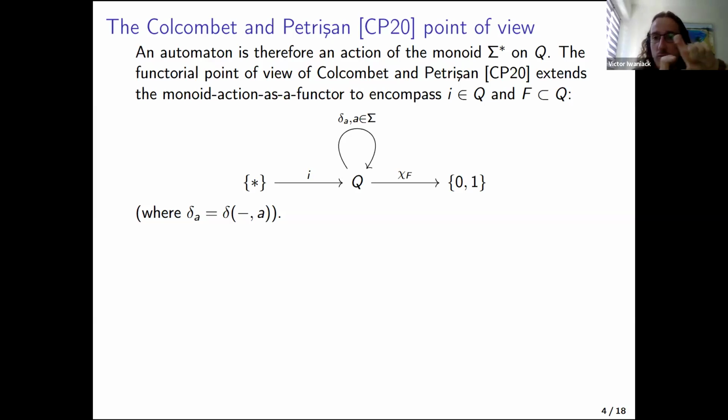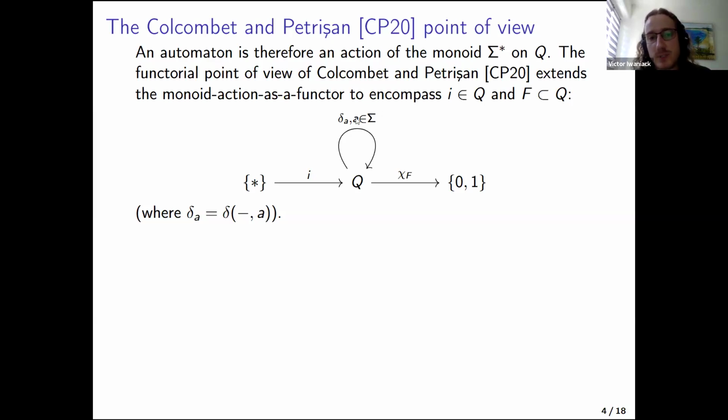Because you have this classical viewpoint of seeing a monoid or group action as a functor whose source category is the monoid or the group seen as a single object category.